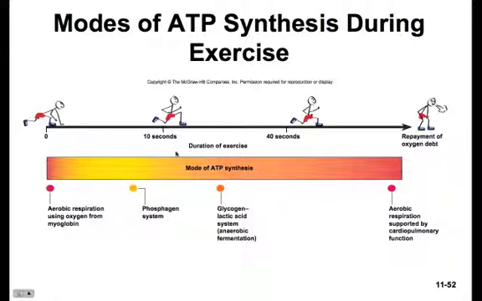After about 10 seconds, we move into glycolysis and produce lactic acid during anaerobic fermentation. And after about 40 seconds, we begin to shift more towards aerobic respiration. This is where we go into long-term exercise, and it's supported by modifications in the cardiopulmonary function.